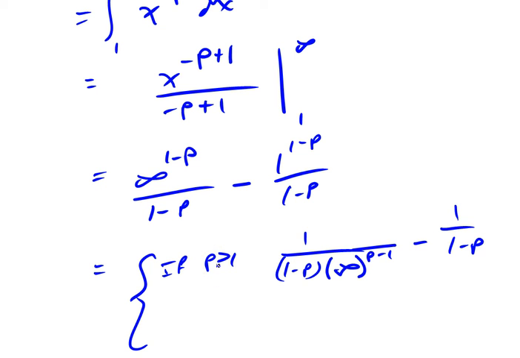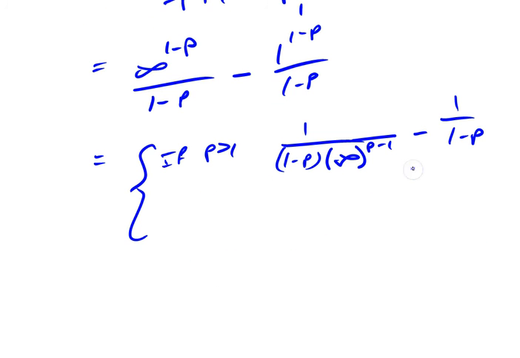So if p is bigger than 1, this thing right here, then this is a 0, right? Because there's an infinity in the denominator, and 1 divided by a really big number is really small. So this becomes a 0, and you just get, let's write it this way, 1 over p minus 1.